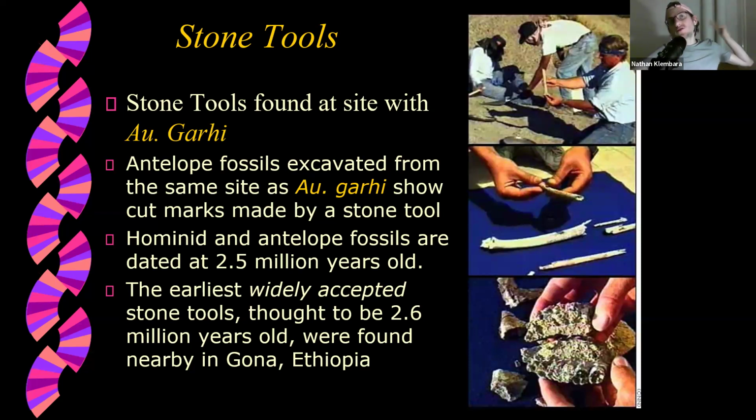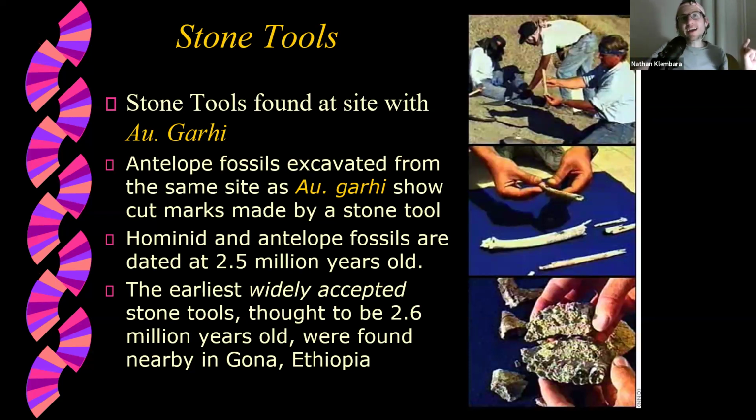But those tools I'm talking about, the 2.6 million year old tools in Ethiopia at Gona, are associated with the genus Homo, which we'll talk about in the next module. These are associated with an Australopithecus species, which means we now have a second round of evidence of Australopithecines making stone tools, because the Lomekwian tools were made by Australopithecus afarensis.